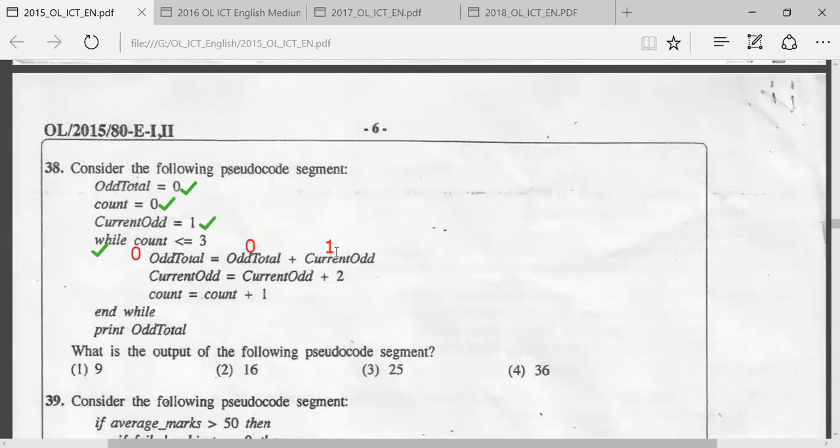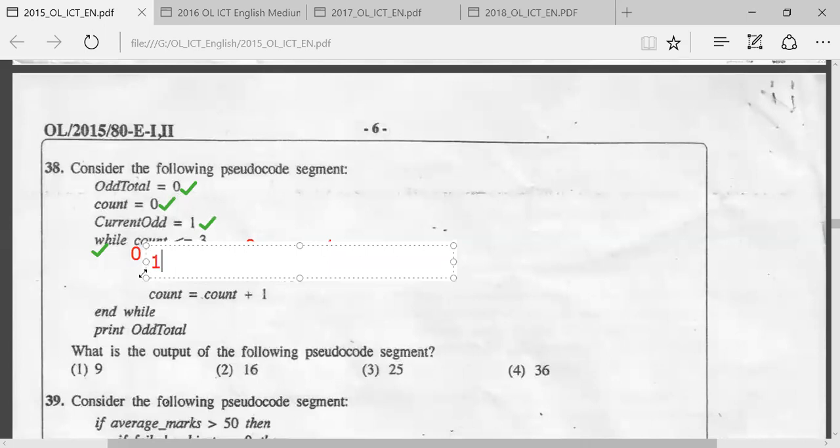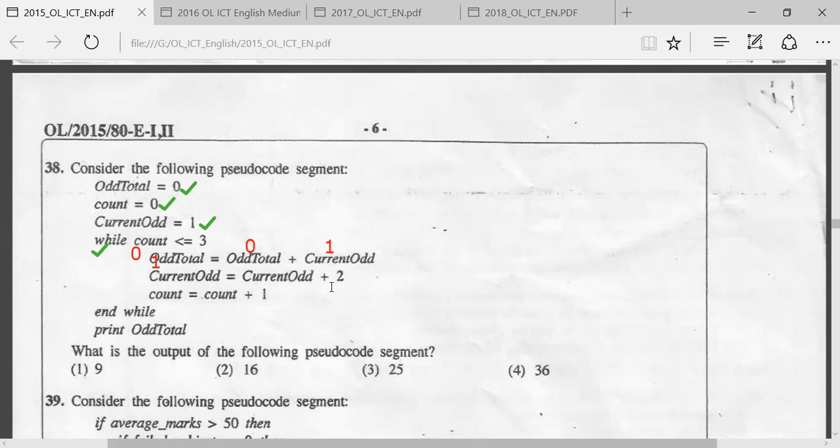So 0 plus 1, the odd total is 1. Right? Current odd equal current odd plus 2. Current odd is 1. 1 plus 2, it is 3. Count equal count plus 1. Count is 0. 0 plus 1, 1.